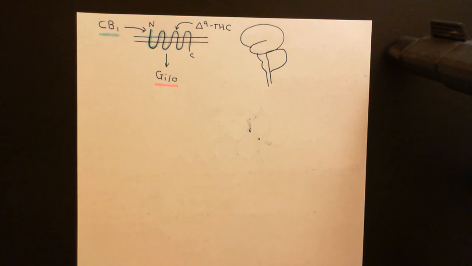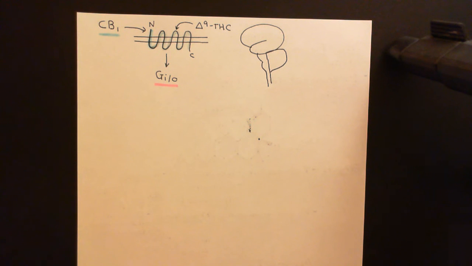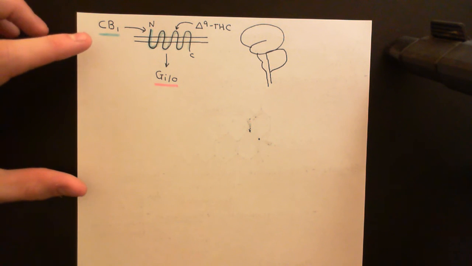But we do believe this is the means by which delta 9 tetrahydrocannabinol has effects on the brain, by binding to this receptor and then changing the activity in those different areas of the brain, and thereby causing all of the different effects. Now, just before we finish this video, I do want to just mention the endocannabinoids.